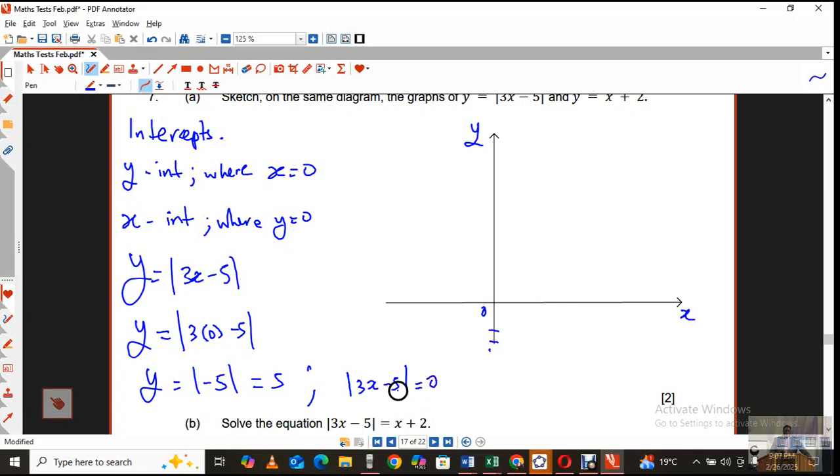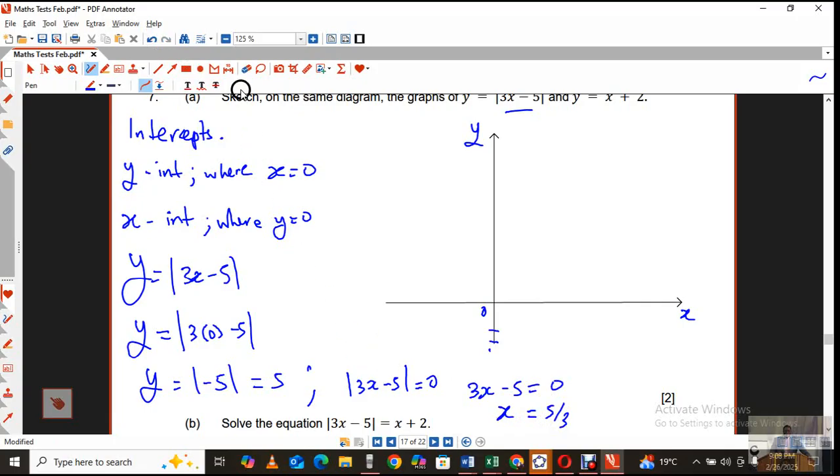An absolute value equation equal to 0 has only one solution. So this is 3x minus 5 is equal to naught. Essentially take the stuff inside the absolute value function, let it equal 0, okay? And then you solve. Of course, if you do that, you're going to get x is equal to 5 over 3.